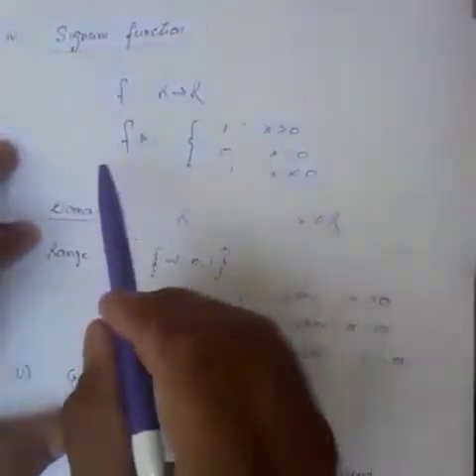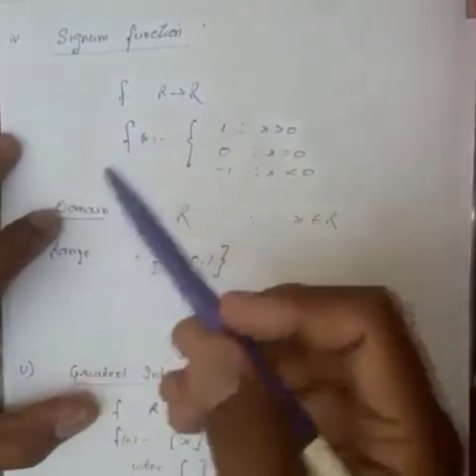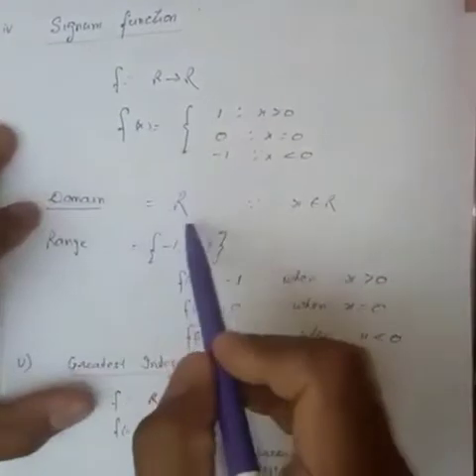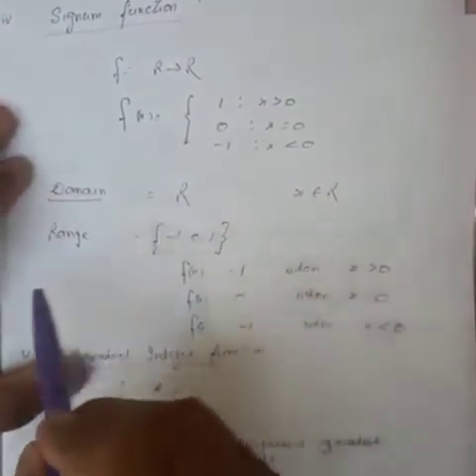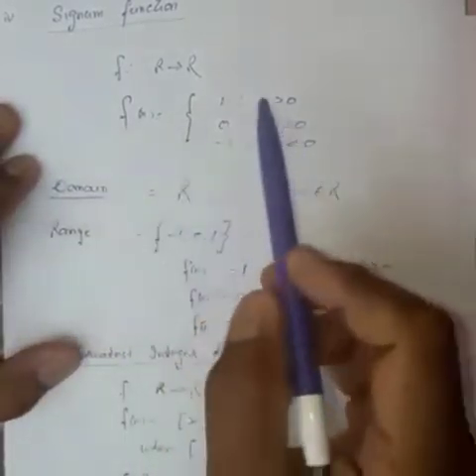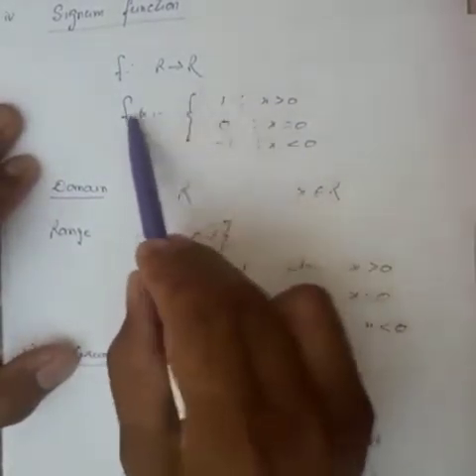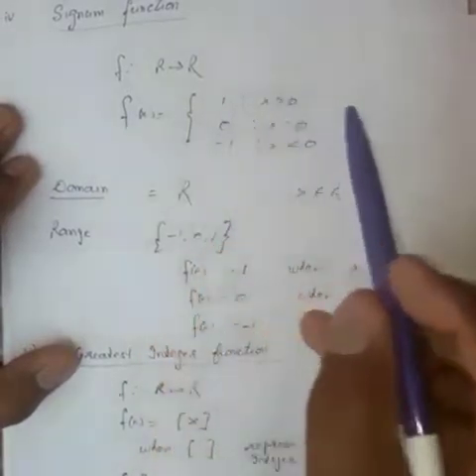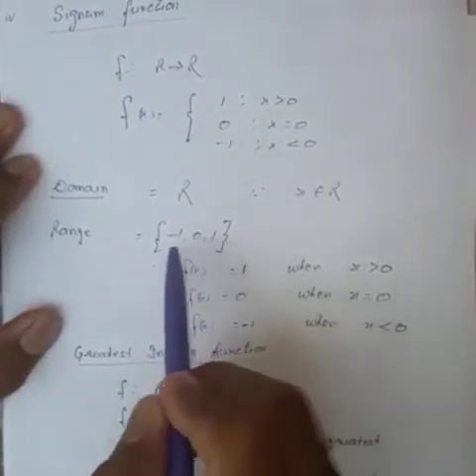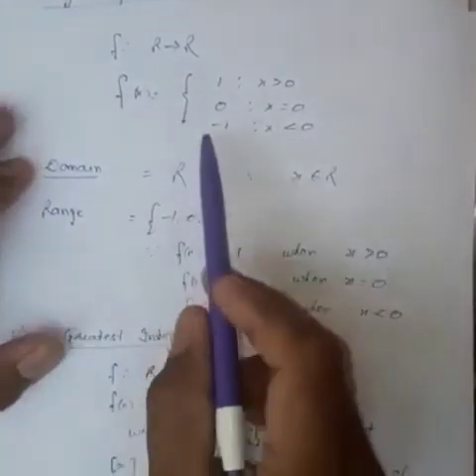If you're talking of the domain, because this function is always defined for all real values, the domain is the set of real numbers. But what about the range? The value of f(x) is either plus 1, minus 1 or 0. f(x) can have these three values only. Therefore the range will be the set containing three elements: minus 1, 0 and 1. So this is the range of this function.